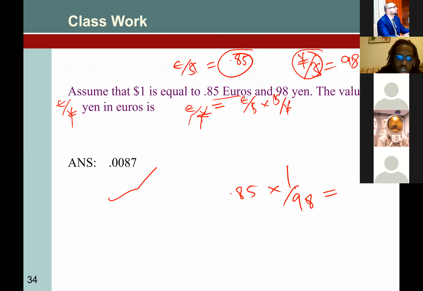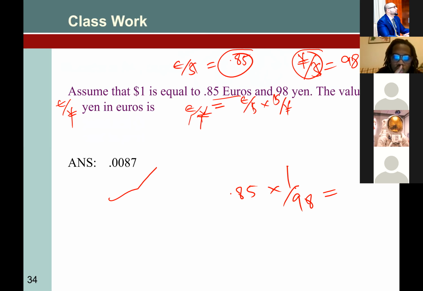So I did $1 divided by 0.85 euro, and then with this result, I divide this result by 98. I think you found out euro in yen.